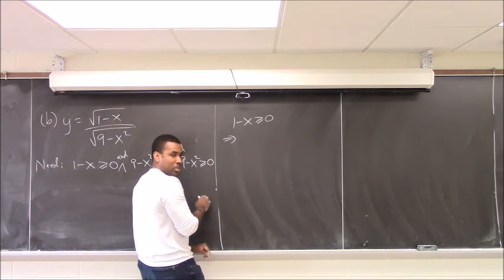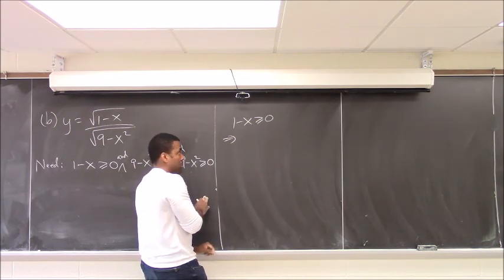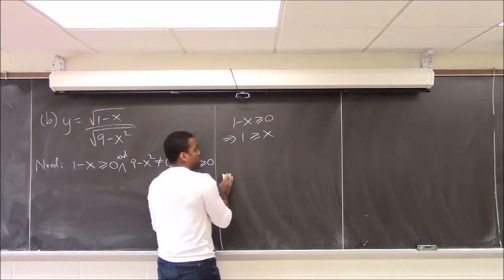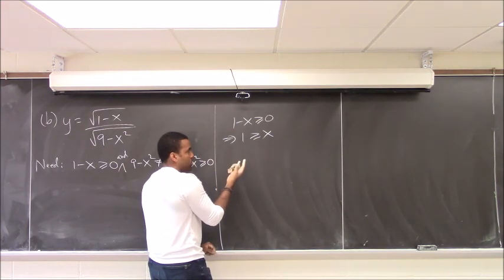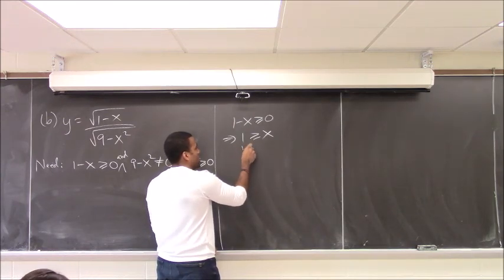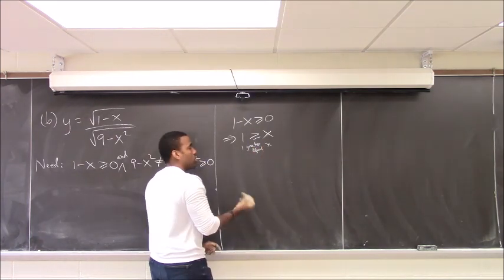What does x have to do? Add x to both sides, and then you get 1 greater than or equal to x. Now we know how to write that in interval notation, right? This means 1 is greater than or equal to x.